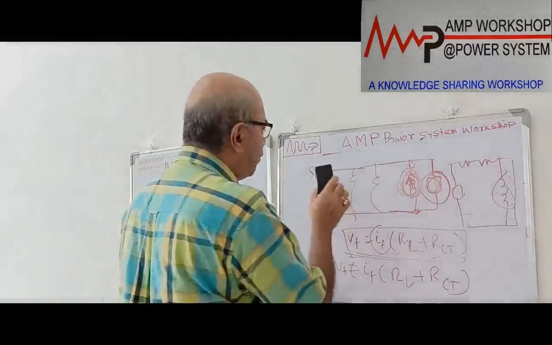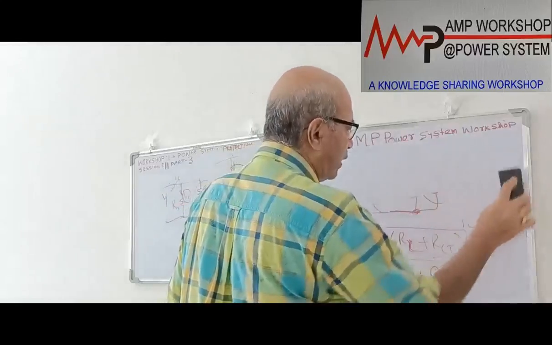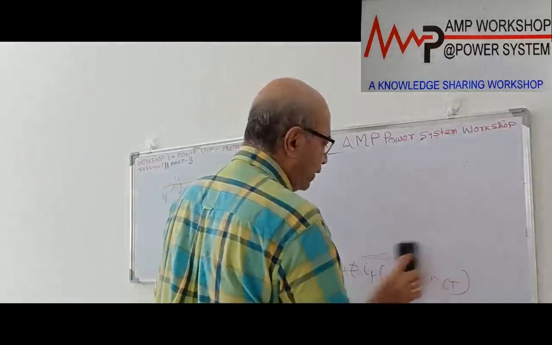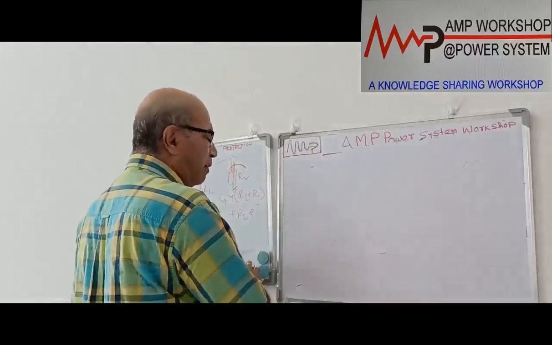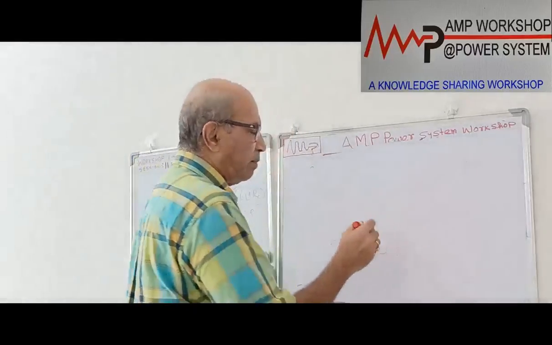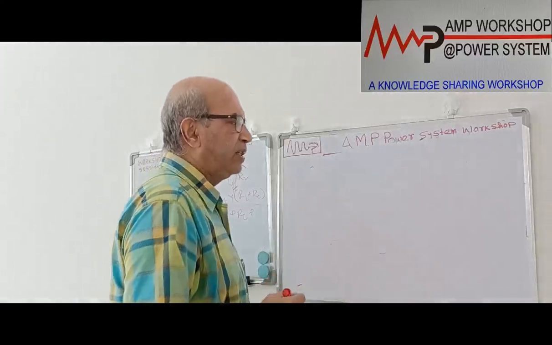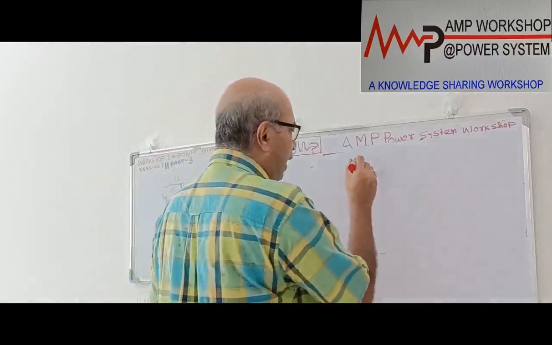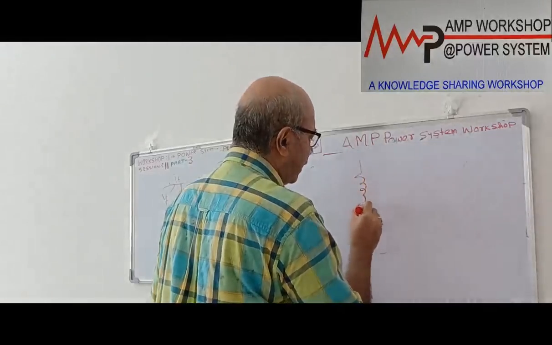How is this impedance relay made? Different manufacturers have different types. One of the types is a DC type relay. We connect this relay through a reactance and a capacitor.